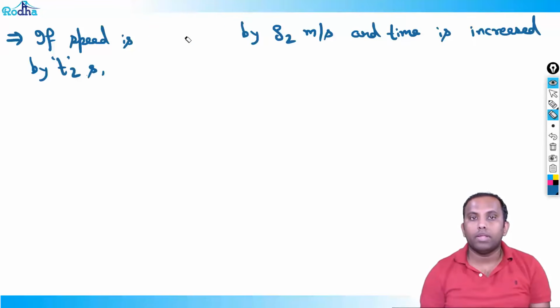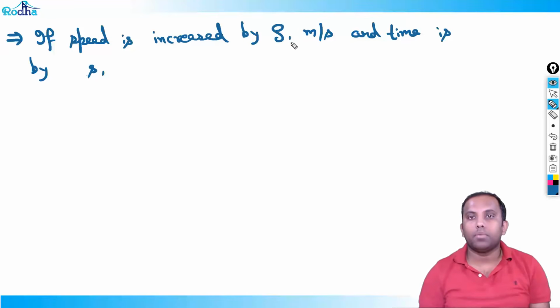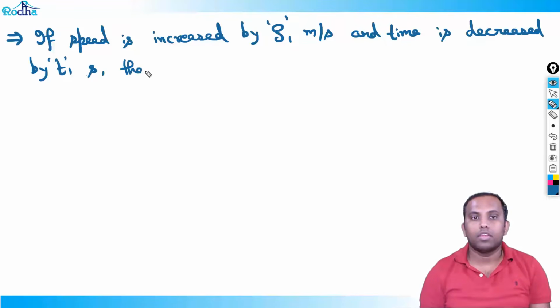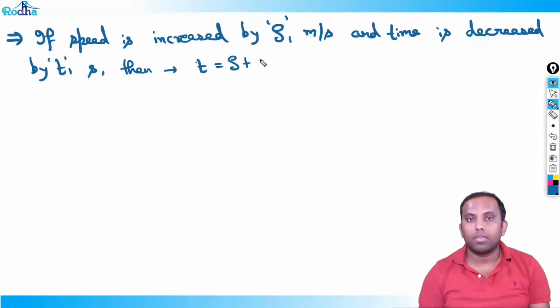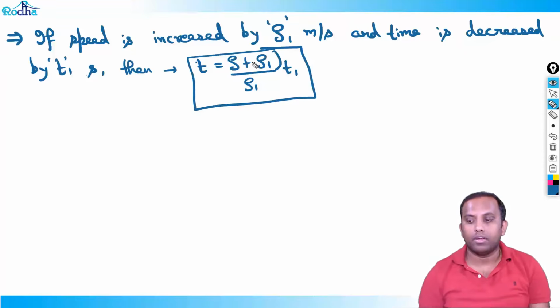Okay, if speed is increased by S1 meter per second and time is decreased by T1 seconds, okay, then T is equal to S plus S1 upon S1 into T1, right?